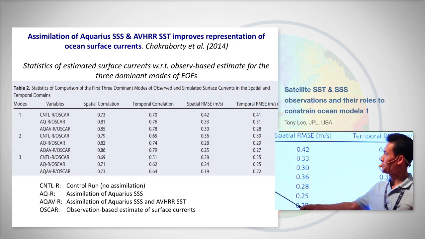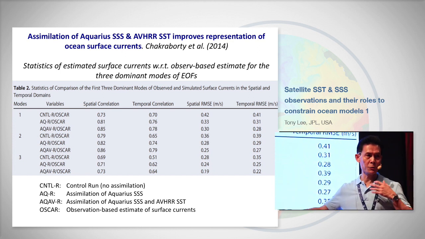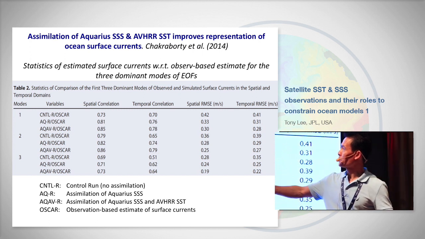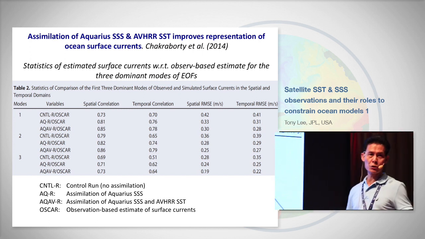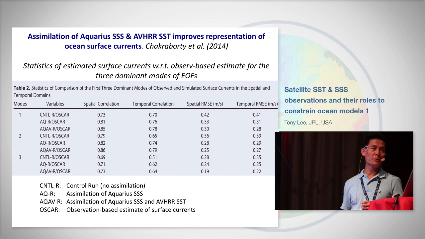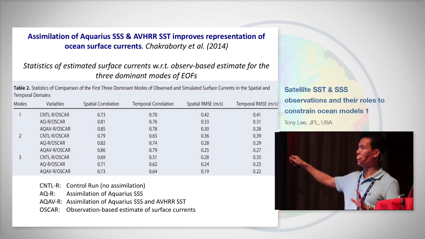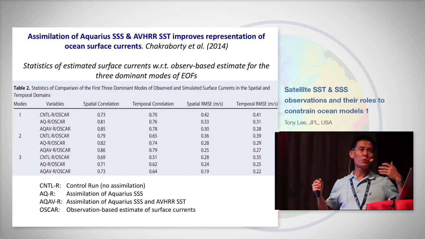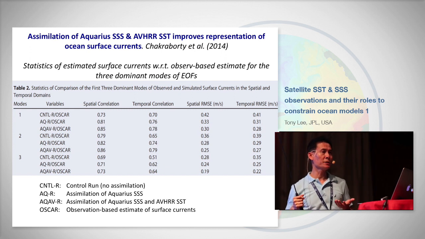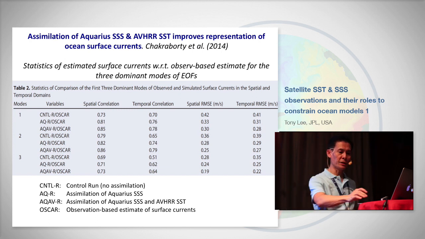One is the spatial correlation. This is with respect to surface current. Spatial correlation, temporal correlation, spatial RMS, and temporal RMS. So for all of this, essentially the bottom line is that there's a progressive improvement, both in correlation and in RMS error of surface current as you add the data, salinity and temperature.